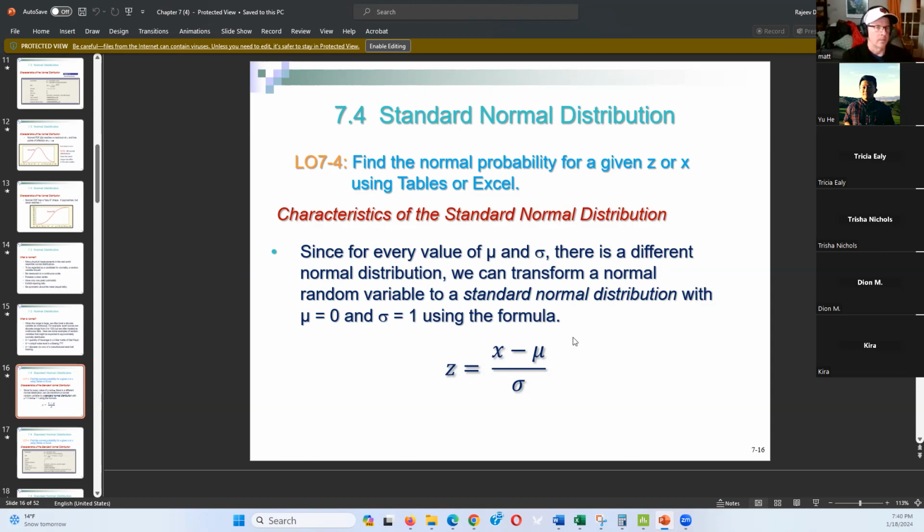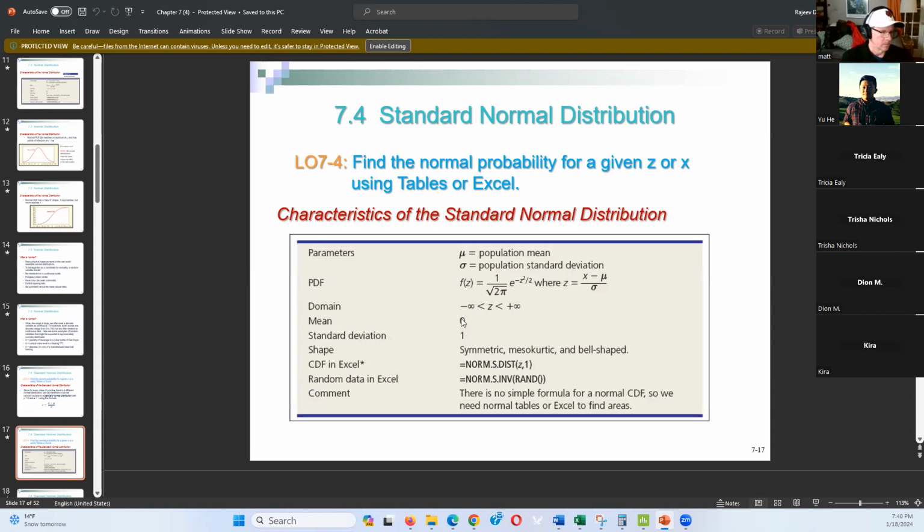So this is a standard normal distribution, which is Z. Here the mean is always 0 and the SD is always 1, ranging from minus infinity to plus infinity, and the function is normal standard, and in Excel you can do this.